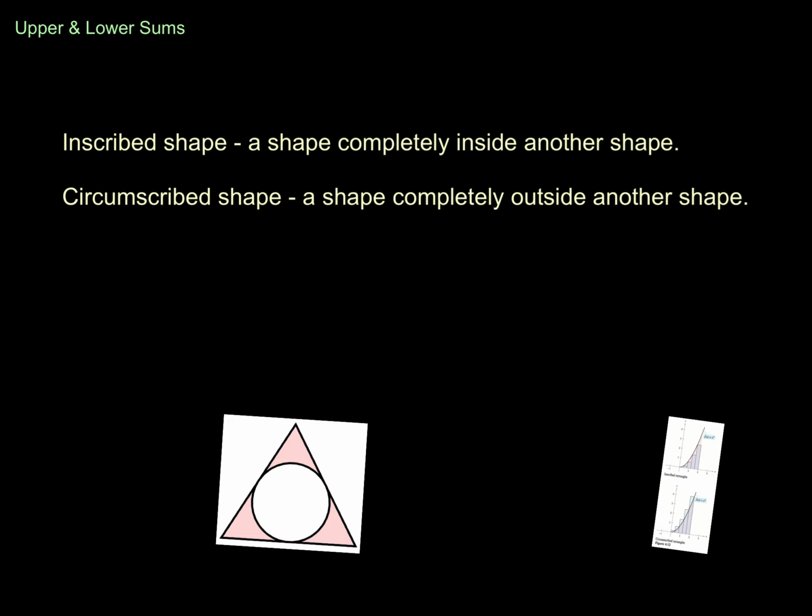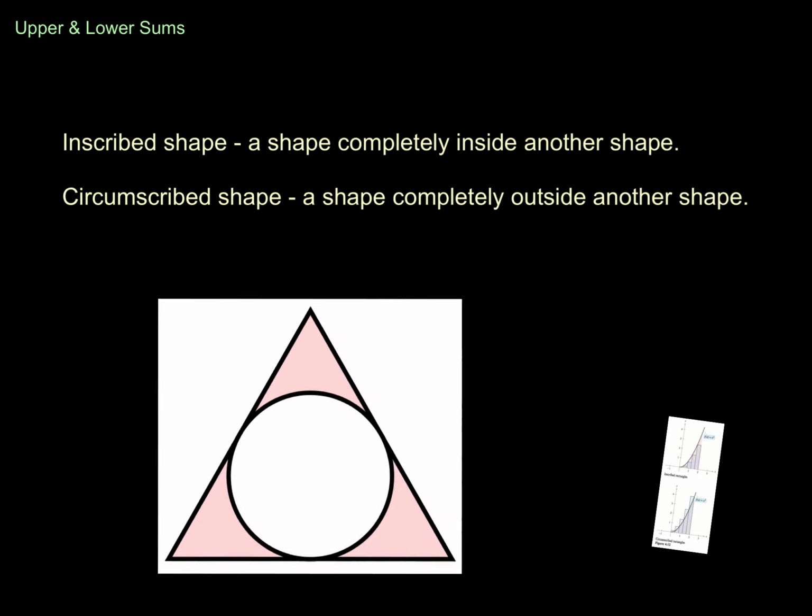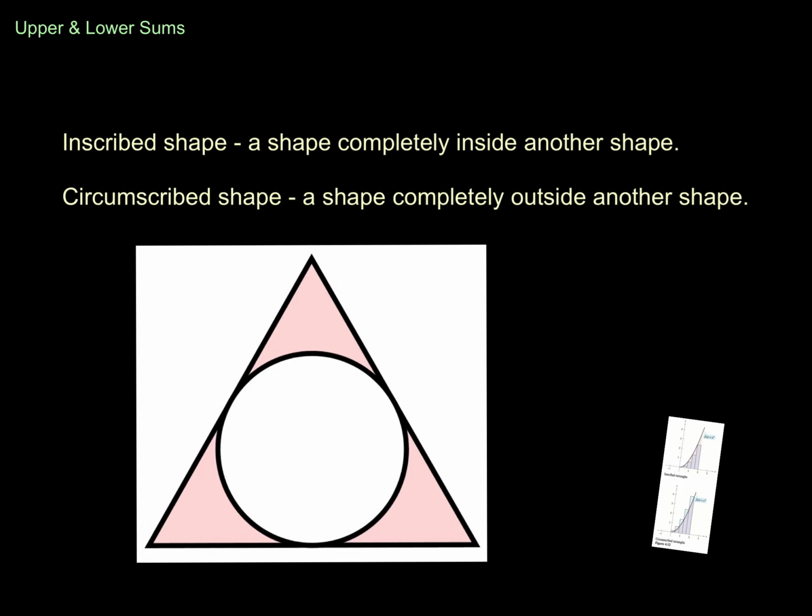When discussing upper and lower Riemann sums, I'm going to talk about inscribed rectangles and circumscribed rectangles. I just want you to remember what they mean. An inscribed shape, whatever the shape is, is a shape that is completely inside another shape. The circumscribed shape is a shape that is completely outside of another shape. Here we have a triangle and a circle. The circle is completely inside the triangle, because the vertices touch and it's completely inside.